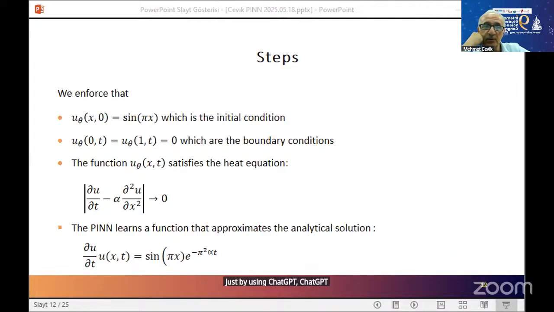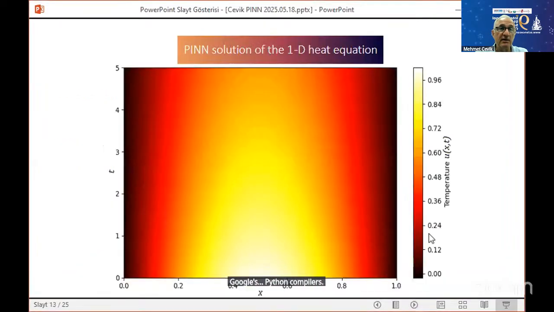ChatGPT prepared the Python code for us, and we copied the Python code and ran it in Colab, also Google's Python compiler. And we obtained this result. This is a solution.